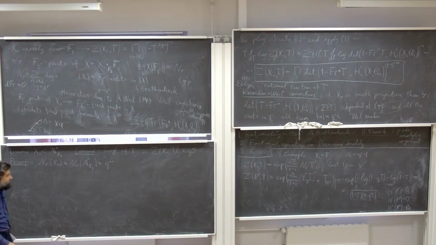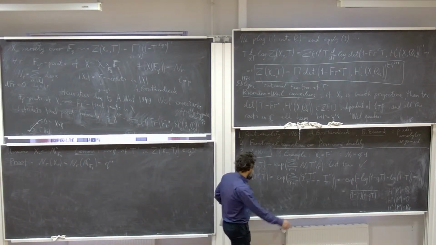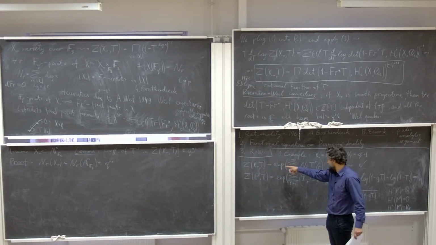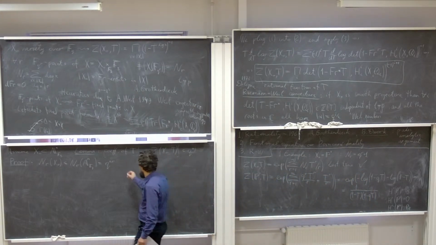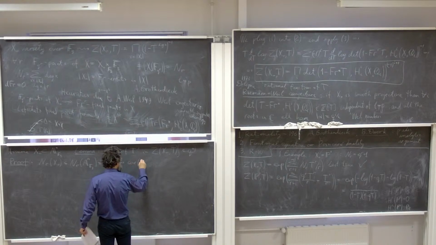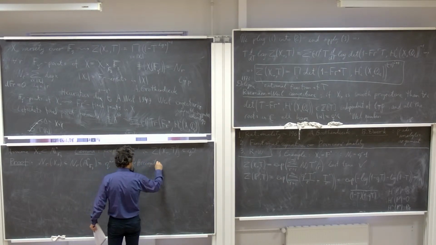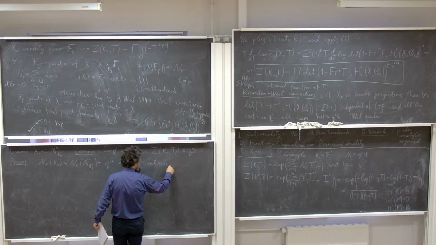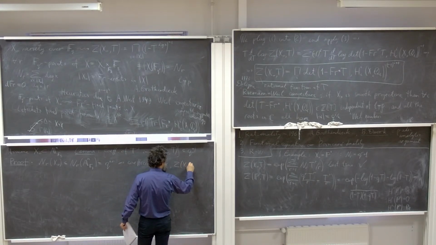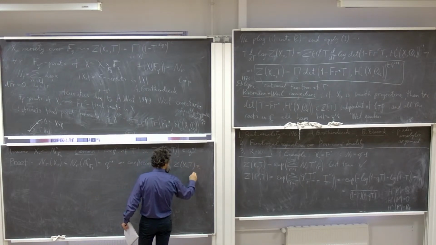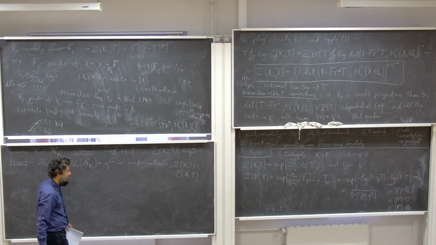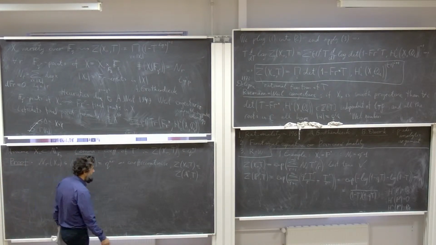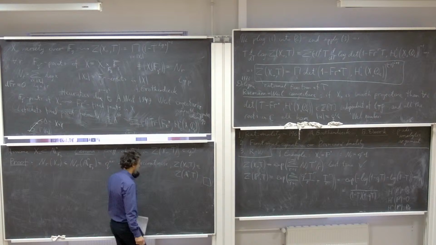Okay, but from this formula, because the exponential series has positive coefficients, again there are no cancellations, the coefficient of the zeta function of X naught is smaller than that of the affine space, and for this it's clear. So we are done.